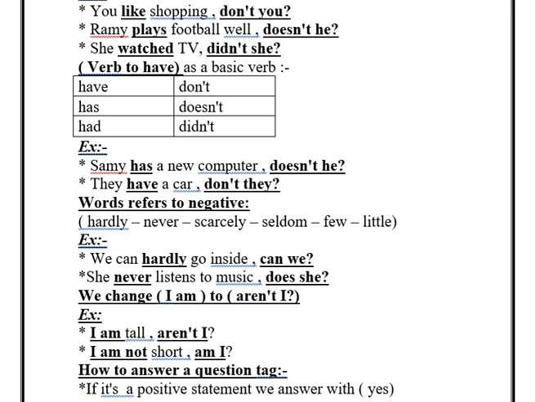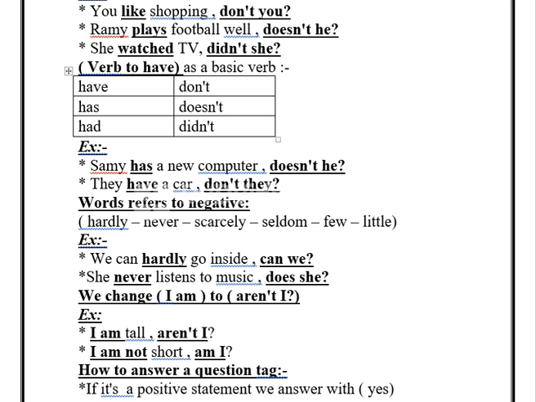This applies if it is followed by any noun or anything else except a verb in the past participle. Like Sammy has a new computer, doesn't he? The next one. They have a car, don't they?